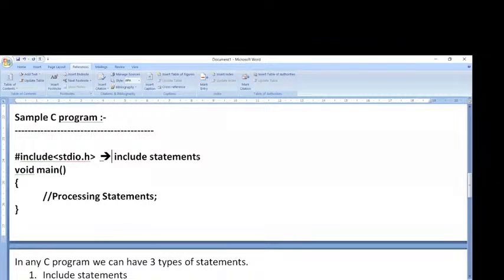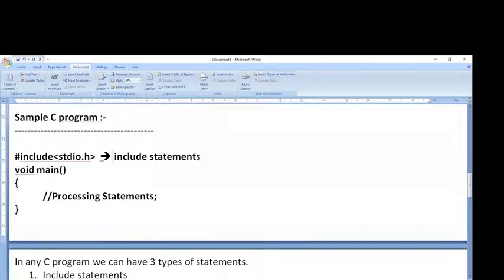What is the meaning of preprocessor? Preprocessor means it executes before the main method. In your 10th class, you write a pre-final examination. What is the meaning of pre-final? Before the final exam, you write one exam that is called pre-final.